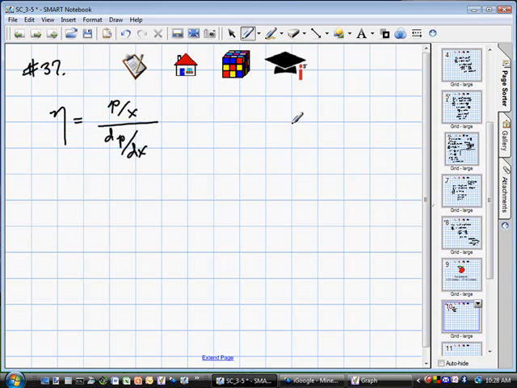Okay, now given in the problem is x equals 600 minus 50p. We really need to solve that for p. So we will subtract 600 and divide by negative 50.